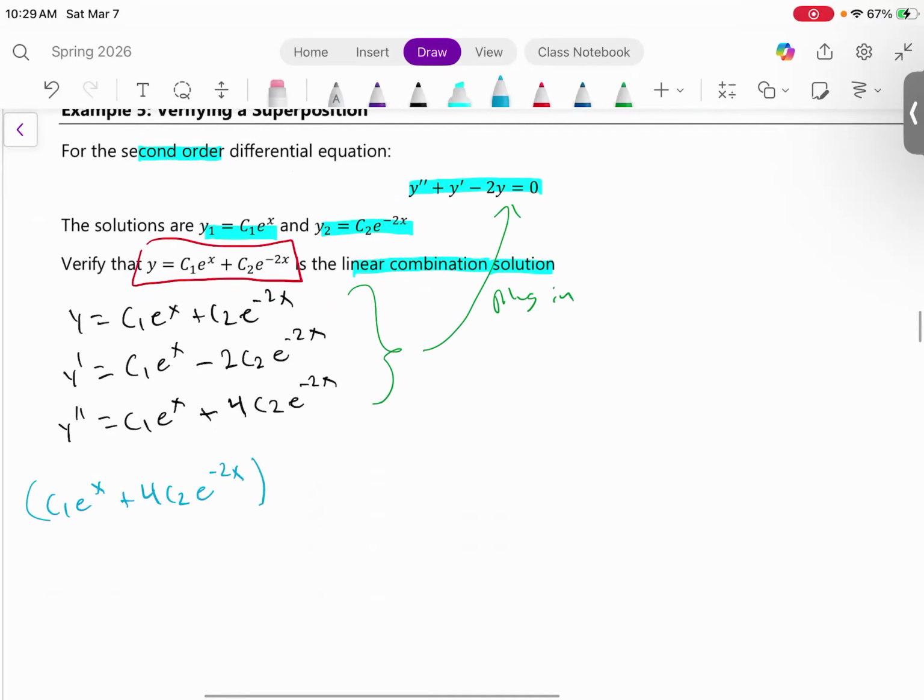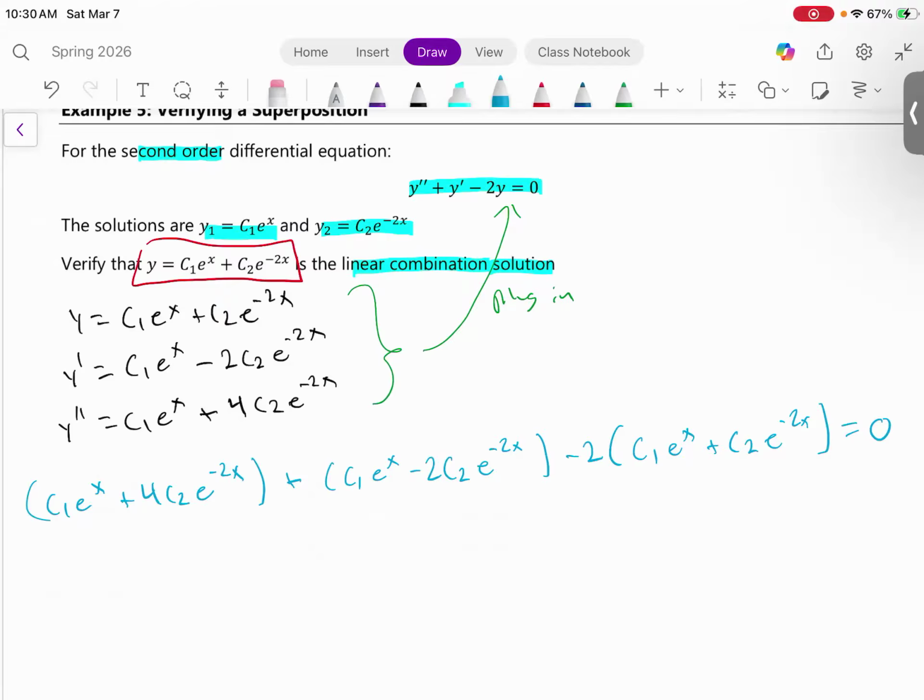That's my y double prime, plus y prime, which is c1 e to the x minus 2 c2 e to the negative 2x, minus 2 times y. I'm going to plug in y now: c1 e to the x plus c2 e to the negative 2x, and it all equals 0. It's homogeneous, so it all just equals 0 on the right side.